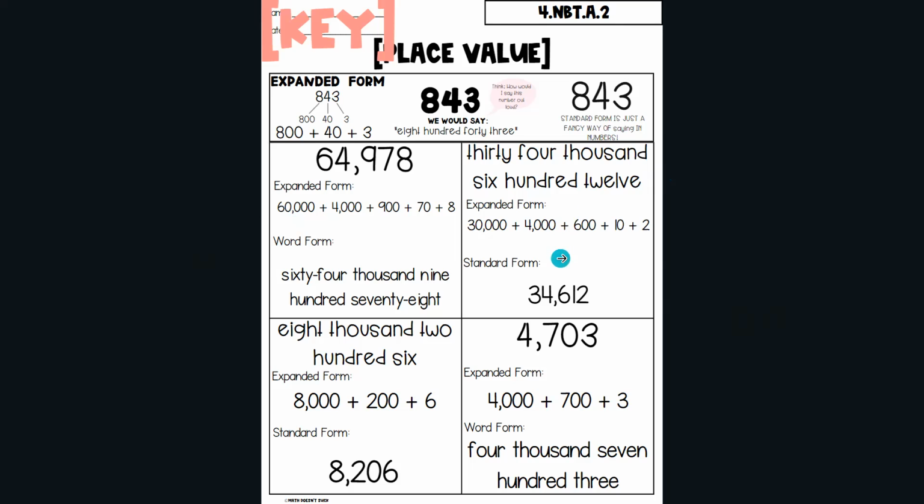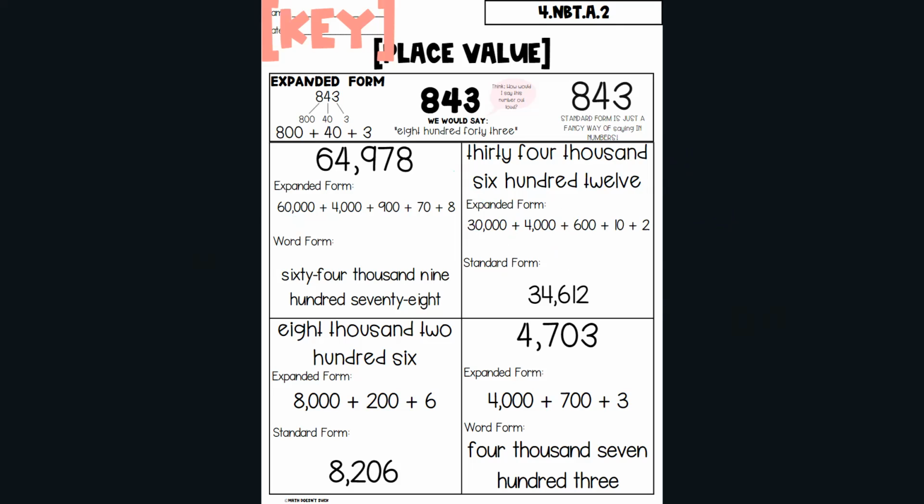All right, taking a look at question number 2, we're given it in word form. We're asked to give it in expanded and standard form. If we read what we have written, it's 34,612. We know that as soon as we see that word thousand, that's where our comma is going to go. I like to start with standard form when I'm given word form because I think that it makes expanded form a lot easier.